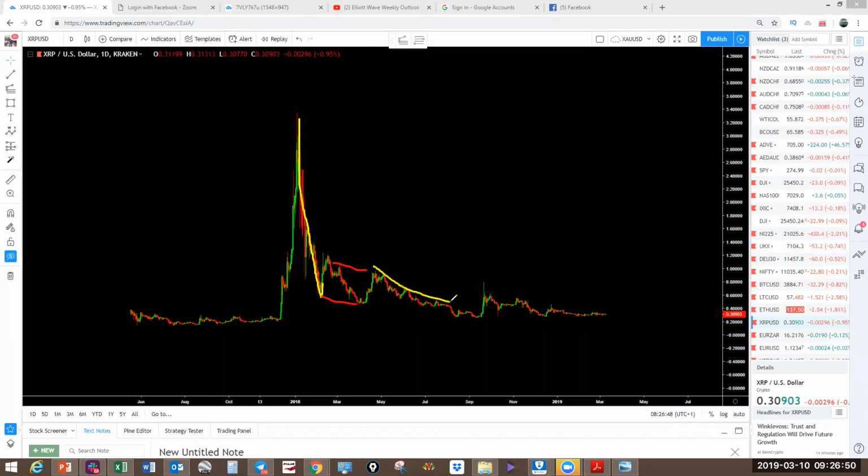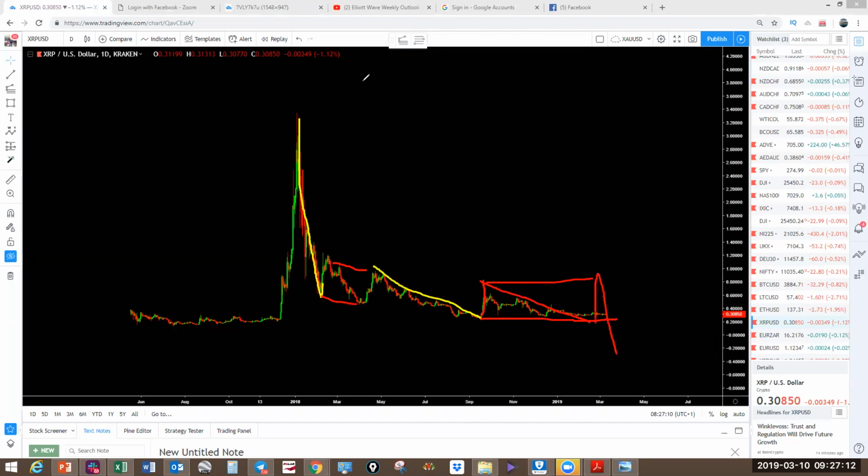Another 3 waves down. Now we're looking for this one to be a corrective structure. Even though the time cycles are not the same, I'm still expecting the same structure. I want this to come and retest this low here. This is very close to that, and then I'll expect a structure like this.